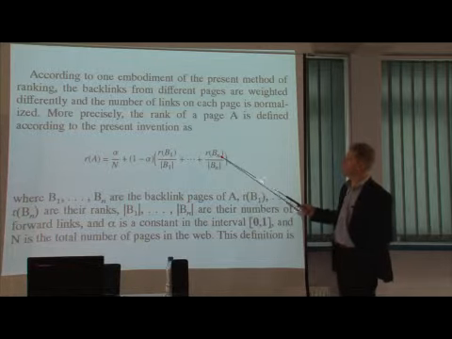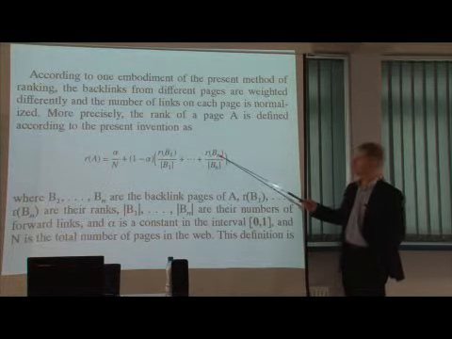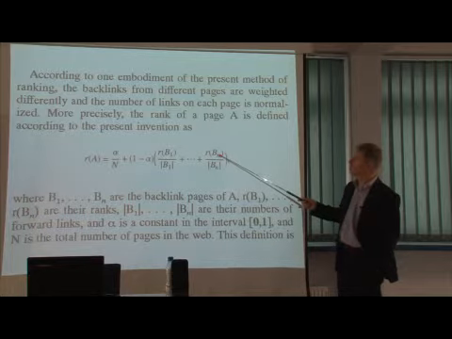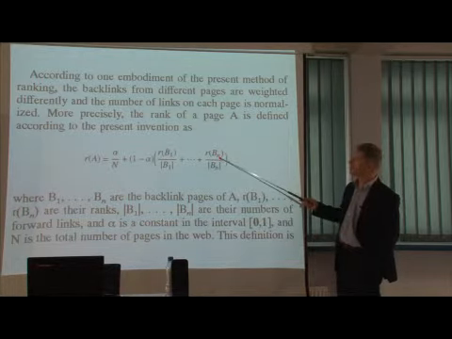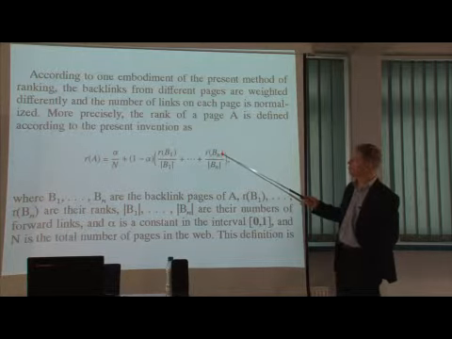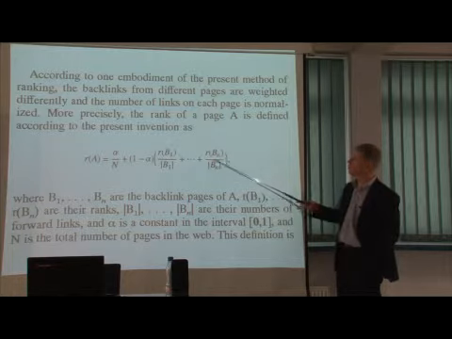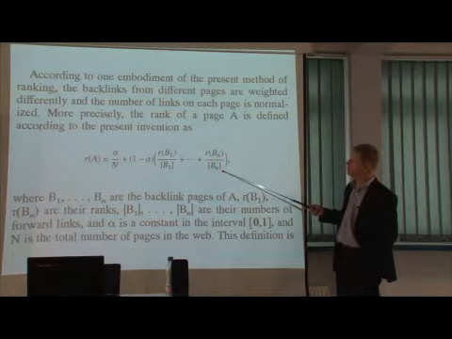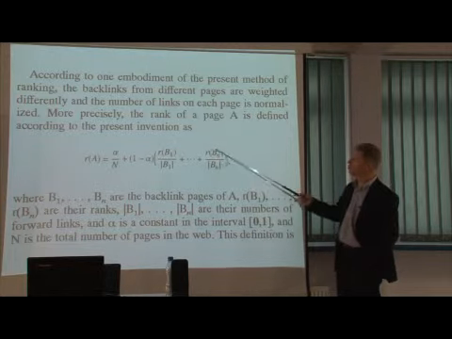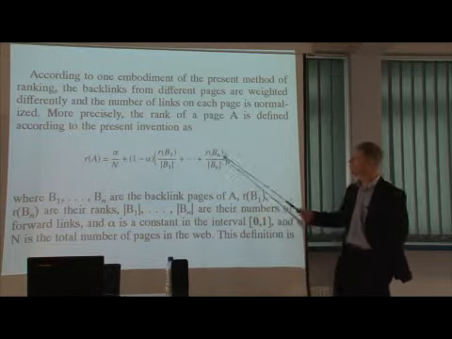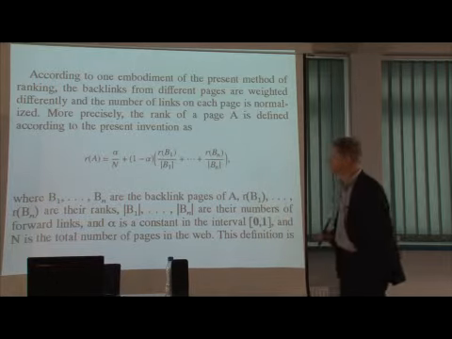So again, if page A is linked to by pages B1 to Bn, and if this rank is 6 and it is distributed among 12 pages, then the total contribution will be 6 divided by 12, which is half, all right?